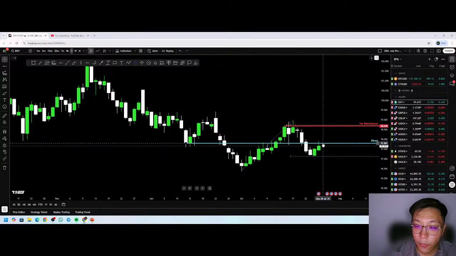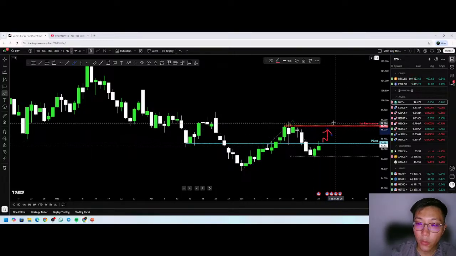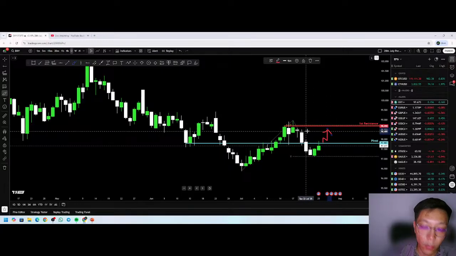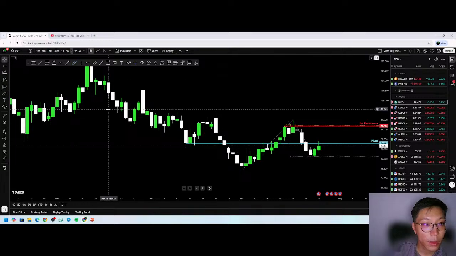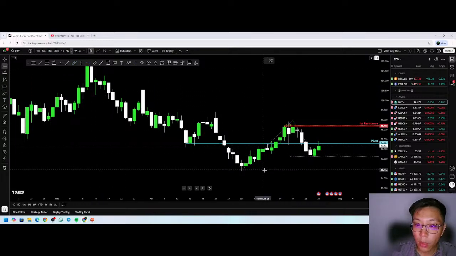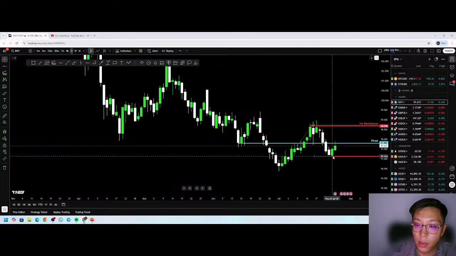If price comes above this pivot point, then it might react to this first resistance level over here. Then as for our support level, we will mark it at this level over here.